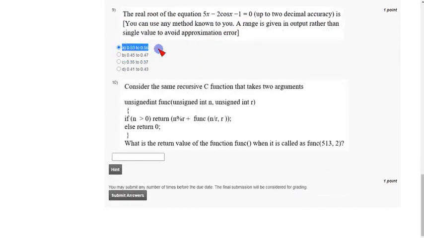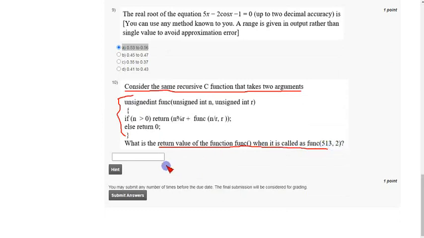And coming to the final question, that is the 10th question. Consider the same recursive C function that takes 2 arguments. They have given a small code snippet. They are asking the return value of the function func when it is called as func of 513, 2.